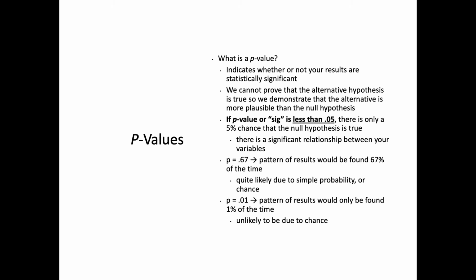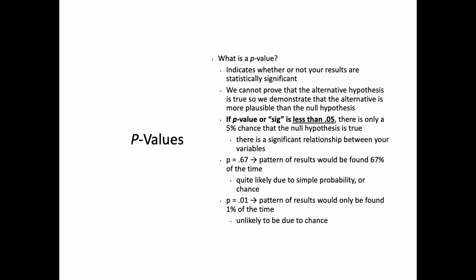Even if you find a 0.99 r value, if your p-value is above the critical line, then we still say that there is no relationship between the two variables. Remember that we cannot prove the research hypothesis is true. We try to demonstrate that the alternative hypothesis is more plausible than the null hypothesis.